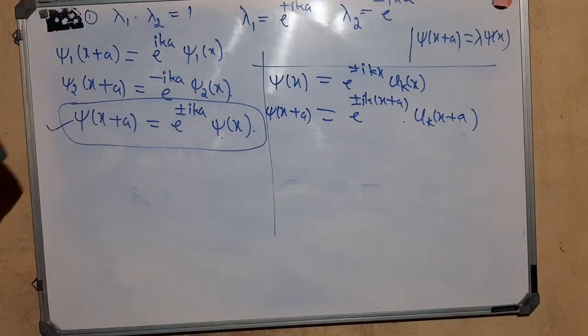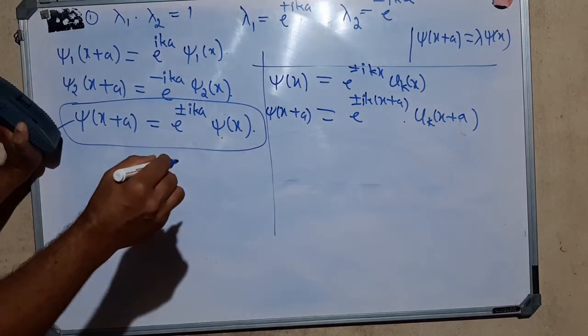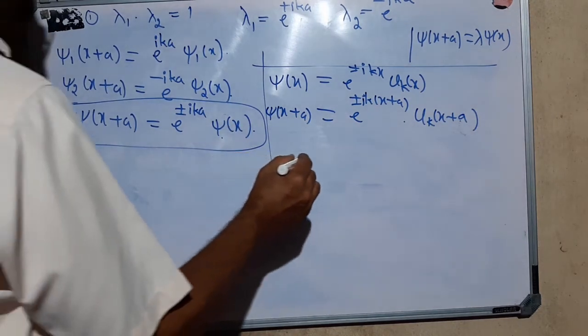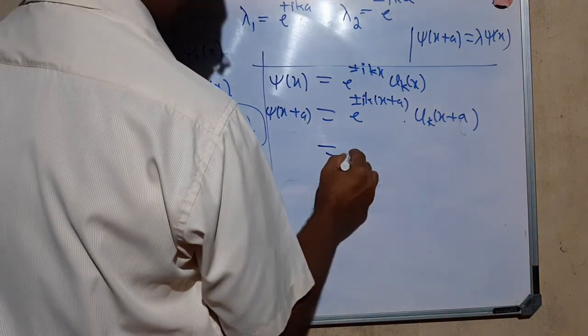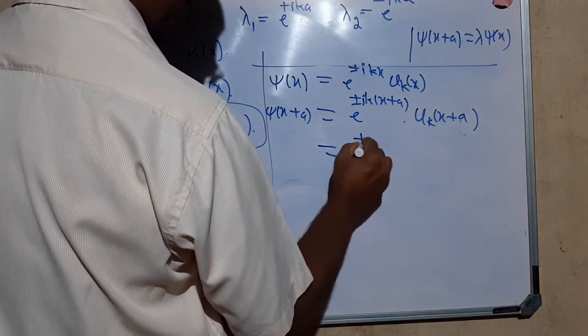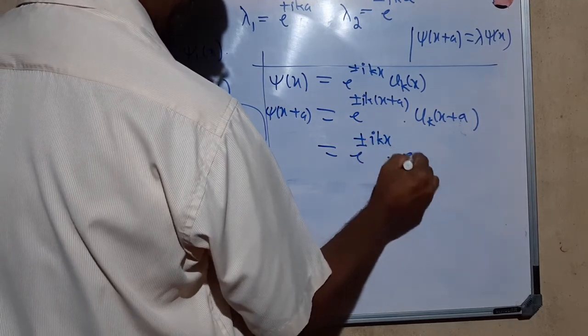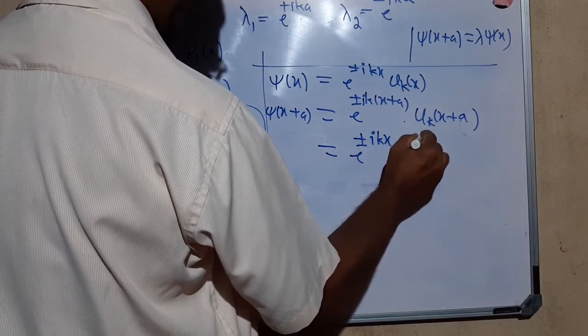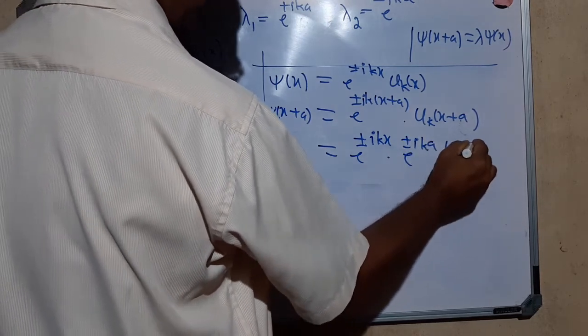This is equal to e to the power plus or minus ikx into e to the power plus or minus ika into uk of x.